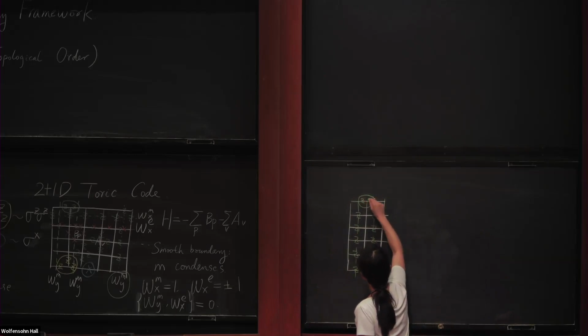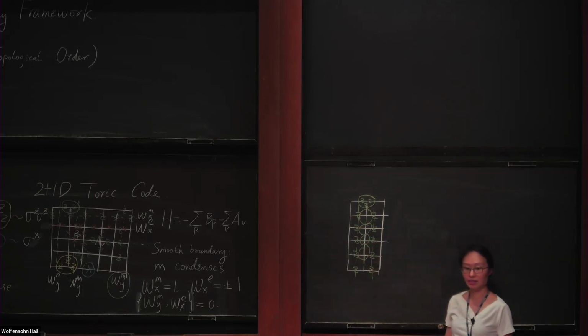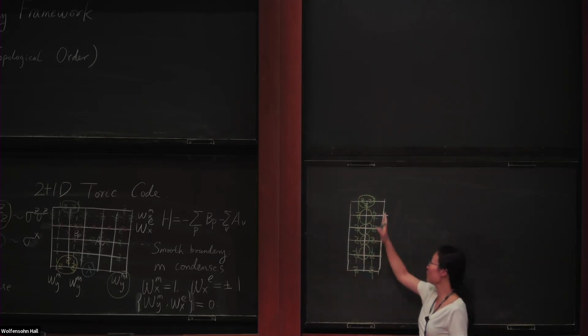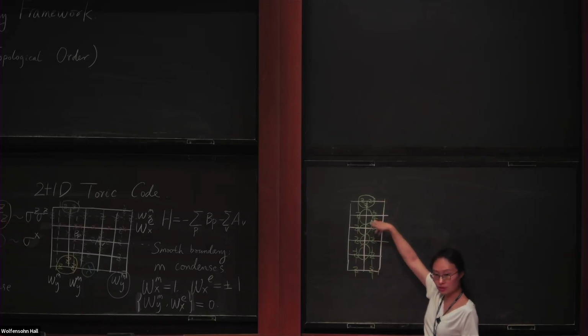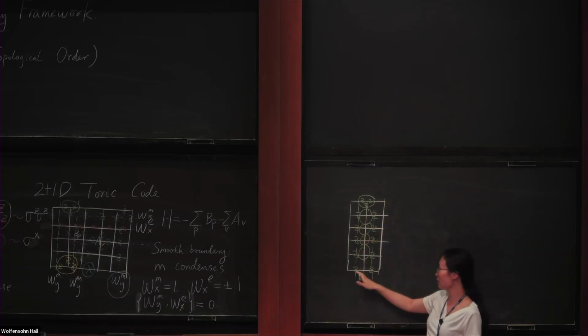So the boundary term is this one, and then I have the bulk term, bulk term, bulk term, bulk term. If I multiply these two strings together with all the circles I've drawn, you will see that it reduces to a three-body ZZZ term. Yeah, it works. Okay, good.